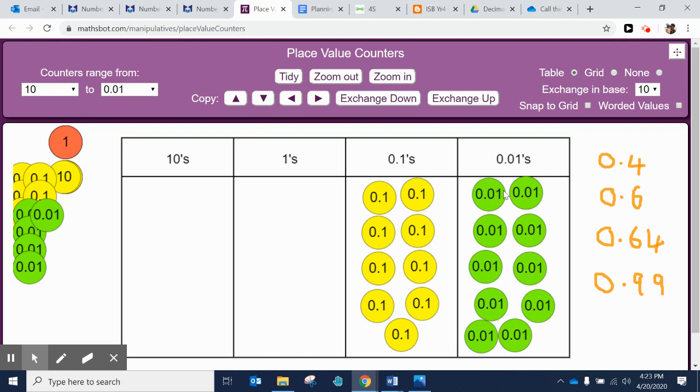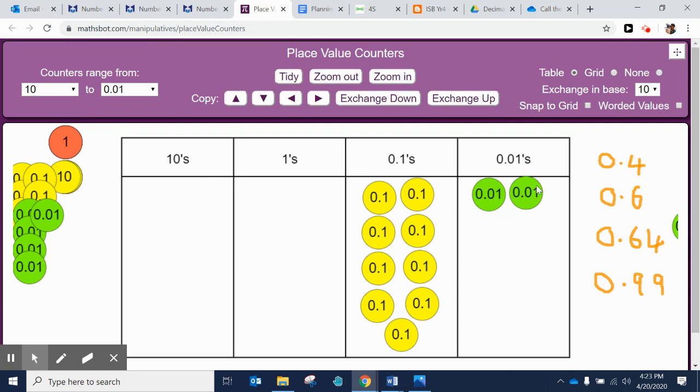I'll need to exchange all of these for one of these. So I'll need to exchange 10 hundredths for 1 tenth. So let's get rid of these now. 2, 3, 4, 5, 6, 7, 8, 9, 10. We'll get this one. Wait a minute, I've got 10 in there now, but I can't have 10. The biggest I can have is 9.